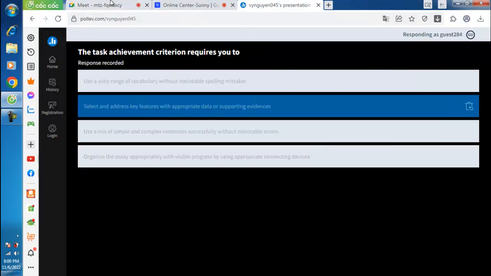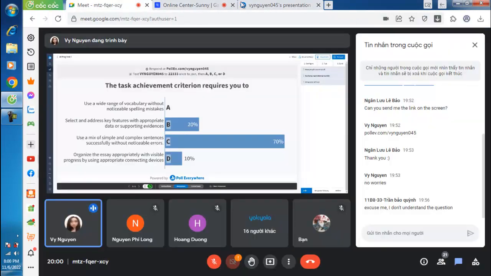Alright, so many people chose C, right? So for task achievement, it means that you have to learn how to select and address key features with appropriate data or supporting numbers or evidences, right?